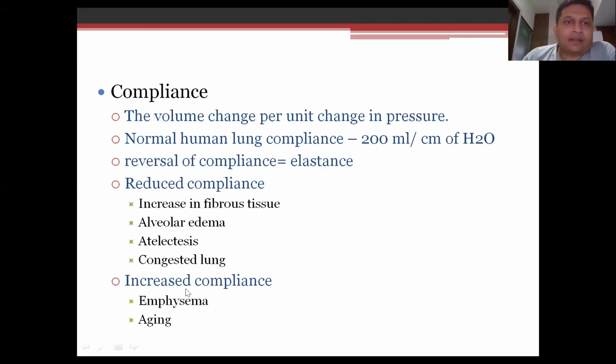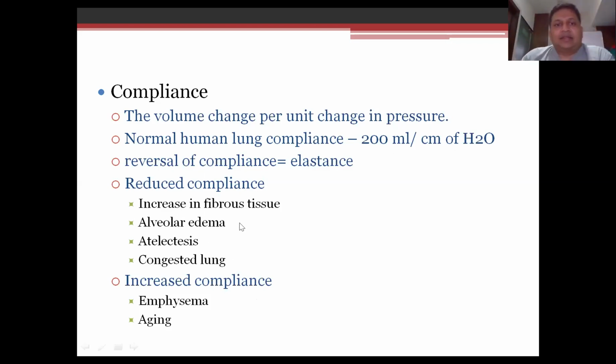Compliance, as I told you, is volume change per unit change in pressure. Normal lung compliance is 200 ml per centimeter of H2O. So per 1 centimeter of H2O pressure will generate 200 ml of volume. That is the normal adult human lung compliance.